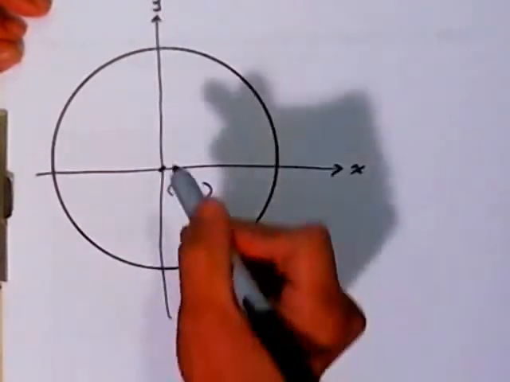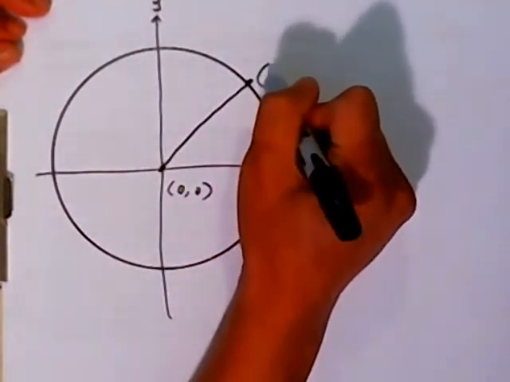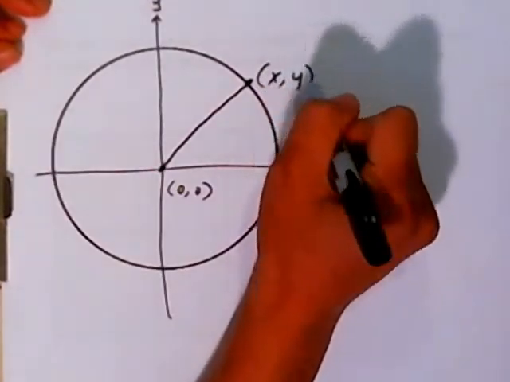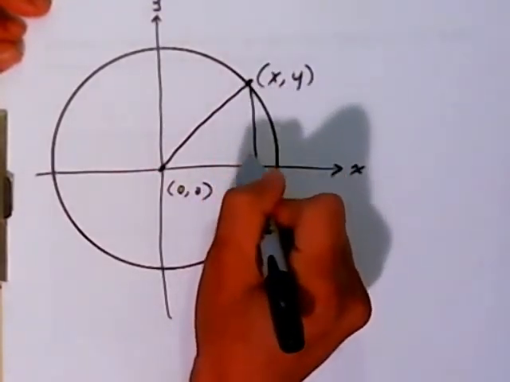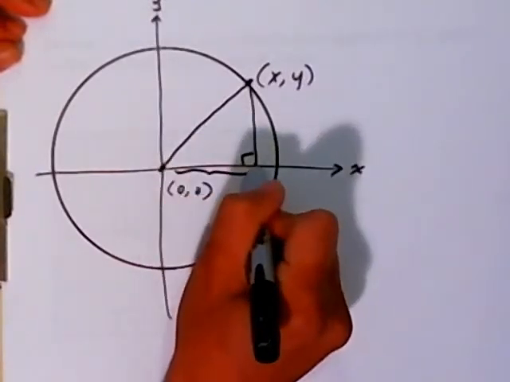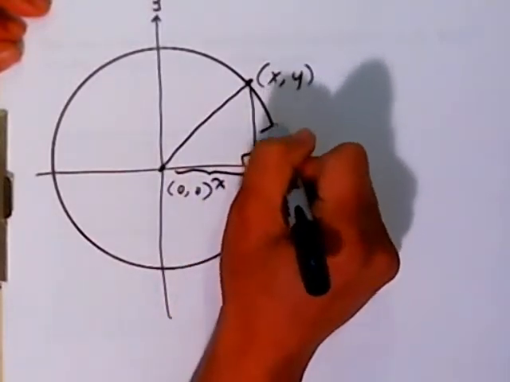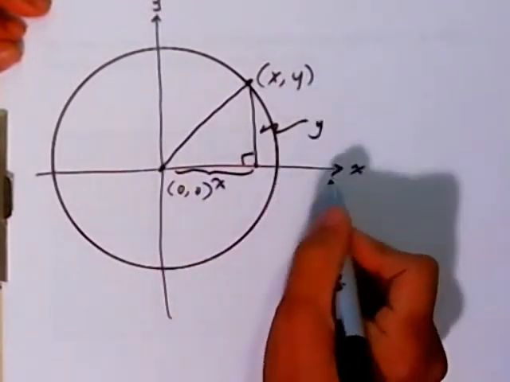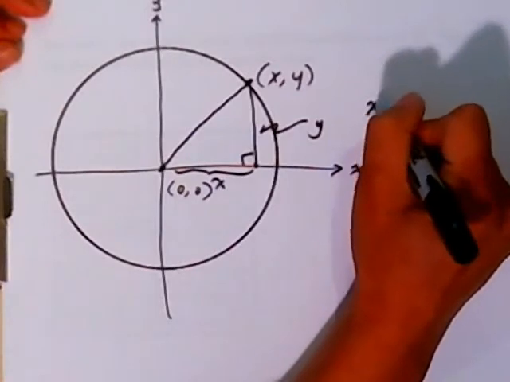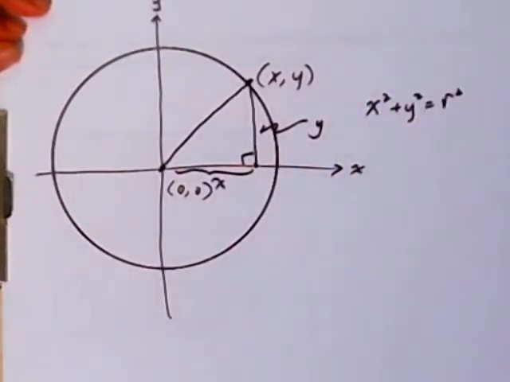A point on that circle is called x, y. Notice from the origin to that point, this distance is x. This distance is y. So using the Pythagorean theorem, x squared plus y squared is equal to r squared.